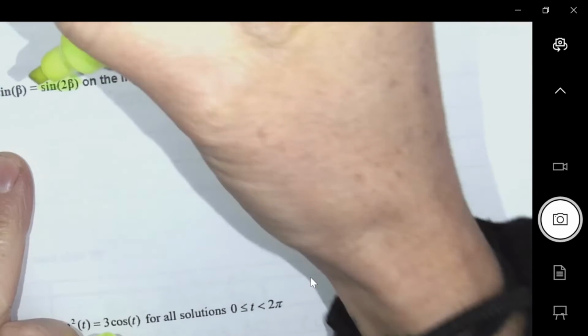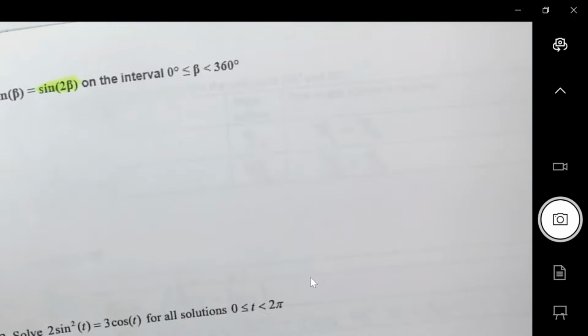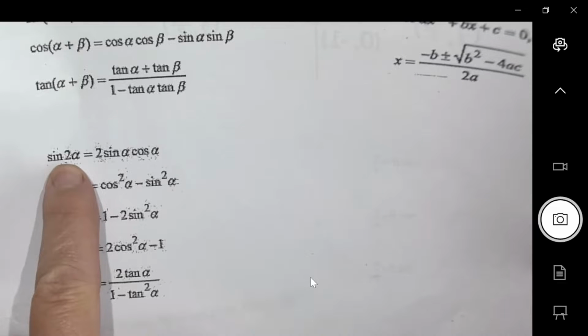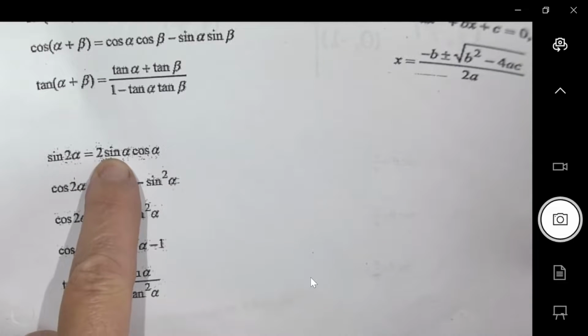So I'm going to look at my formula sheet and replace the sine of a double angle with the formula from my formula sheet. This formula is the sine of a double angle.